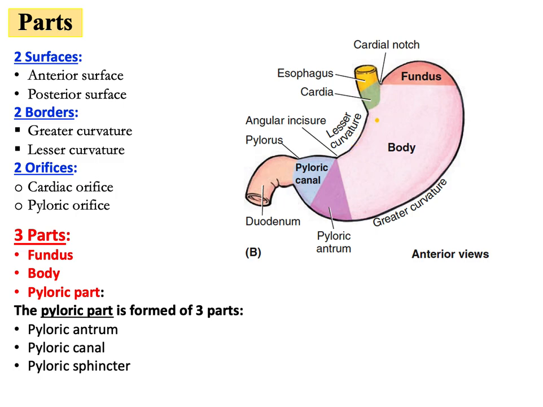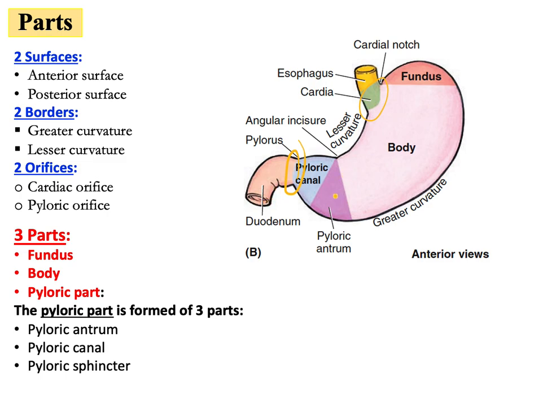So we have 3 parts: fundus, body, and pyloric part, and we have the lesser curvature and the greater curvature. And also we have 2 surfaces: the anterior surface, and in the back you have the posterior surface. And also you have 2 orifices. You have the cardiac orifice here, and you have the pyloric orifice here.